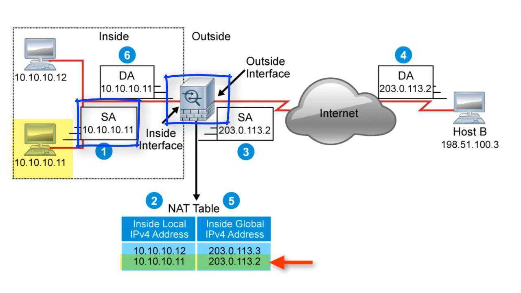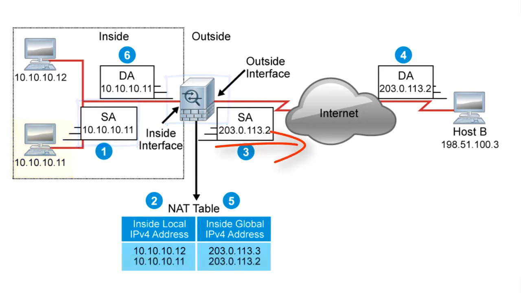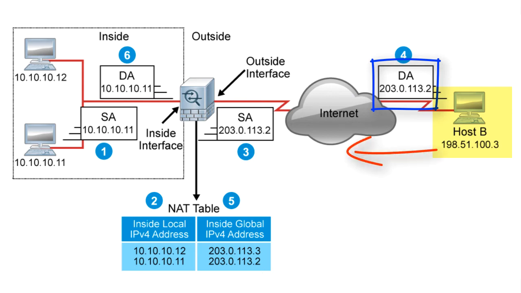The ASA replaces the inside local address of 10.10.10.11 with the inside global address of 203.0.113.2 and forwards the packet. Host B receives the packet with 203.0.113.2 as the source address. When host B replies, it specifies 203.0.113.2 as the destination address.